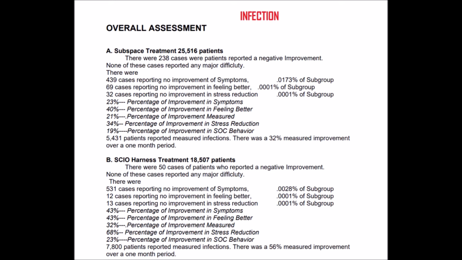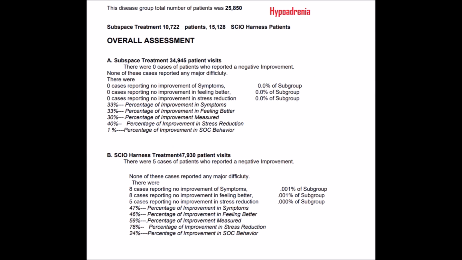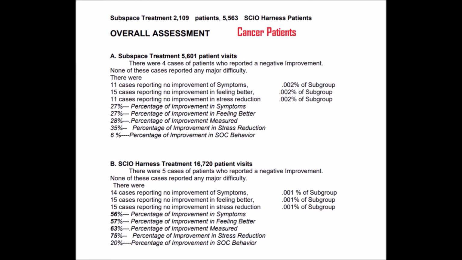Over 220 different diseases were reported and studied for their ability to be helped with the subspace and/or the harness treatments. Conclusively, over and over again, we were able to show that there was an ability of the harness to work and also an ability of the subspace to work.